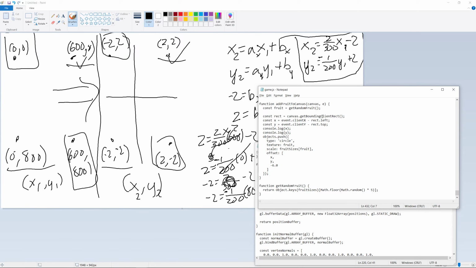So x1 is 2.0 divided by 300.0 times x, to avoid any confusion. And then minus that gives us x. This would be y divided by negative 200.0 plus 2.0.